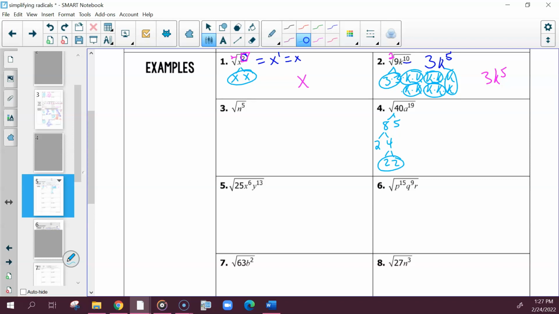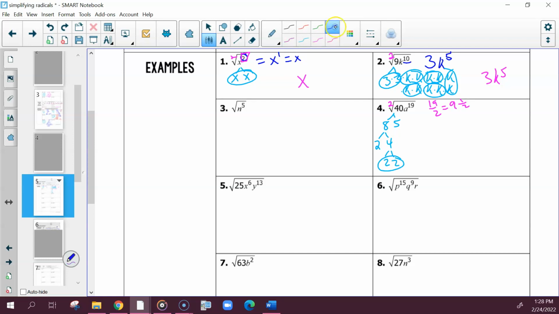So instead of using my factoring method for that, I'm going to think about, okay, 2 goes into 19, how many times? 9. With 1 left over. Right? That's how you would think about that.